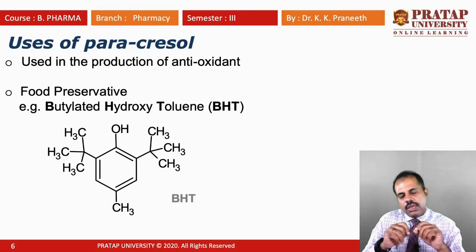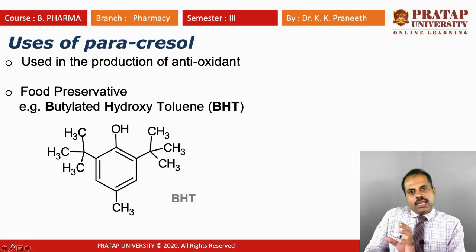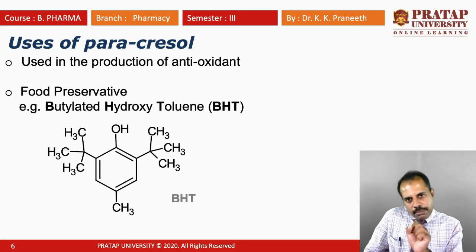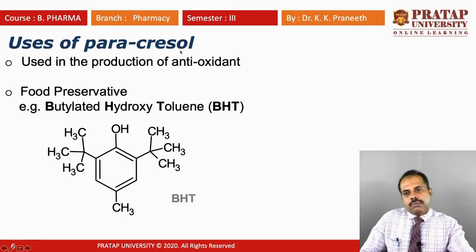Some reactions happen to destroy or capture the free radical, and an antioxidant can be used for that. So the free radical is an oxidant, and this is an antioxidant, which means it will trap the free radical. So this paracresol is used as an antioxidant.